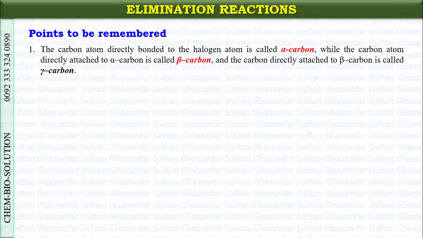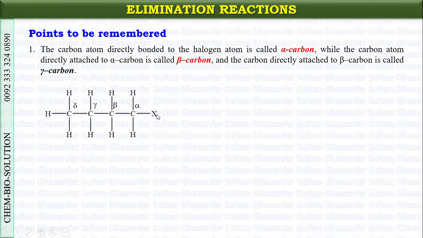Why is it called beta elimination reaction? Remember that the carbon atom directly bonded to the halogen atom is called alpha carbon. You can see here, this is halogen, so it is directly attached to this carbon. So this is the alpha carbon, and this is beta, and then gamma, and then delta.